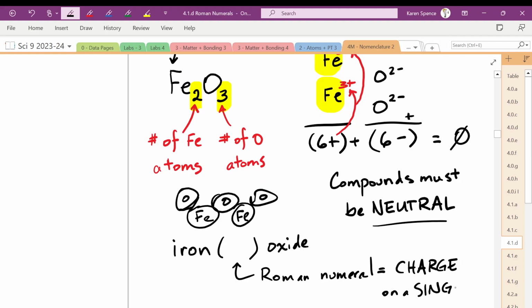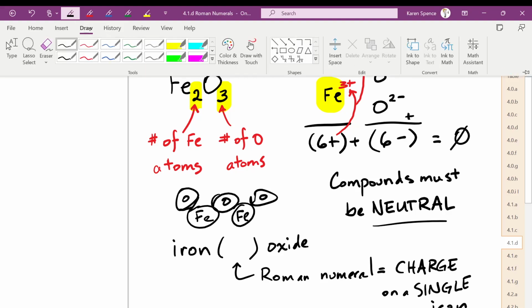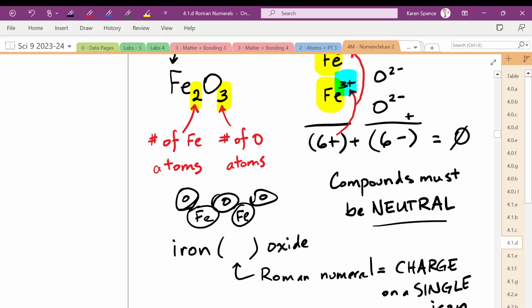Not both the irons, but just a single iron. So if we go look, here's the charge on a single iron. It is 3 plus. So that is going to be iron(III) oxide.